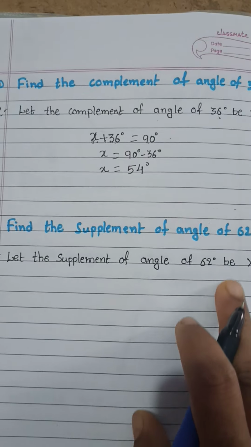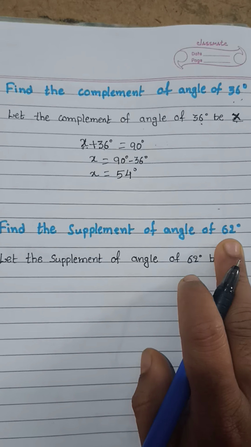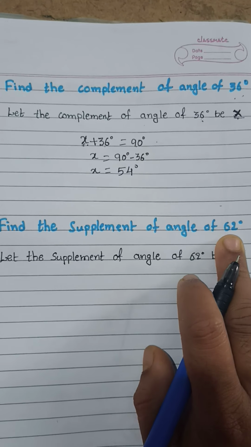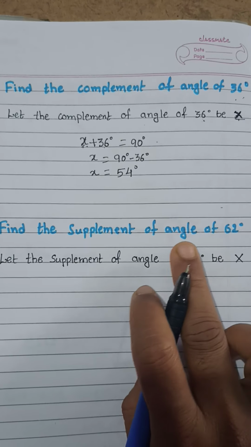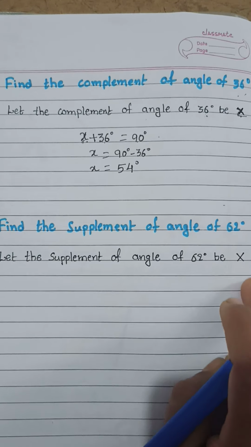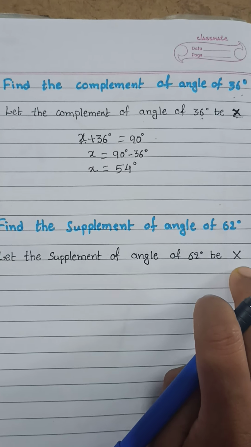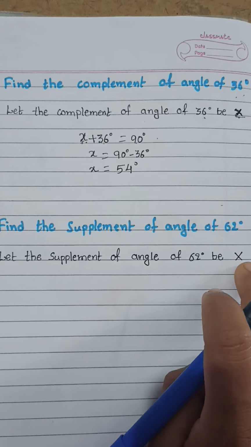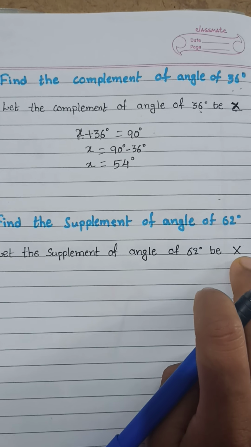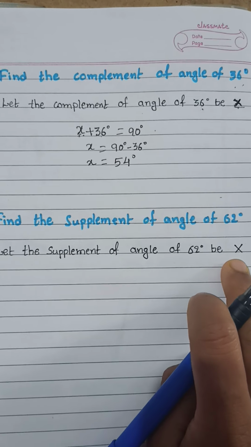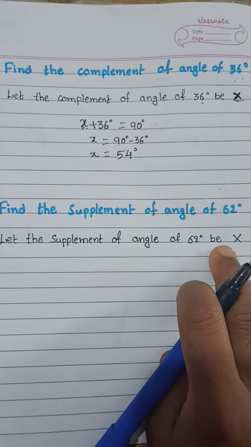Next, find the supplement of an angle of 62. Let us assume the supplement of the angle of 62 be x degrees. When we have two angles whose sum is 180 degrees, such angles are called supplementary angles. We know that.